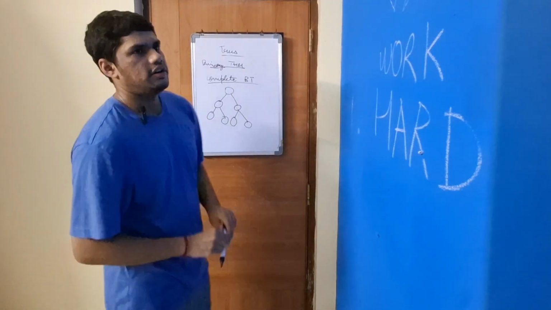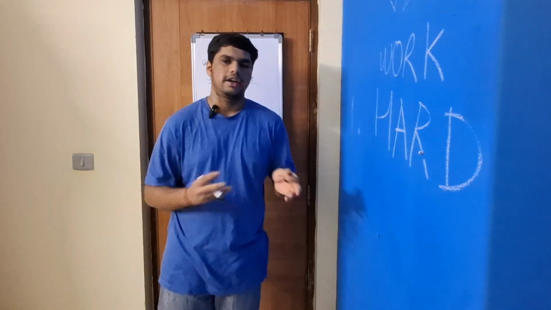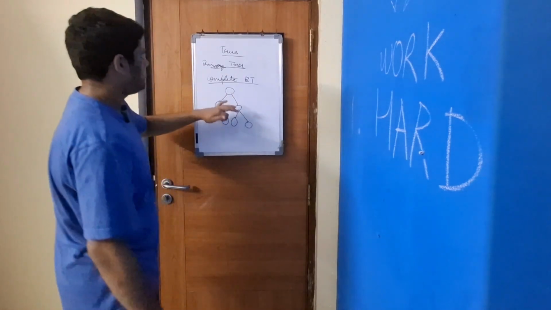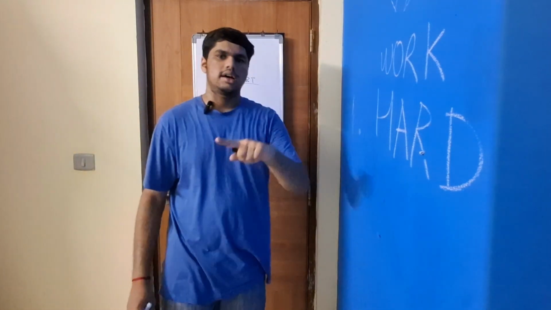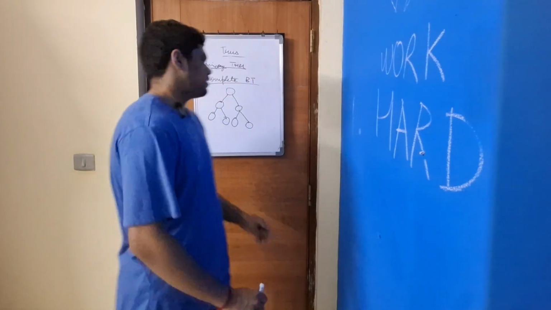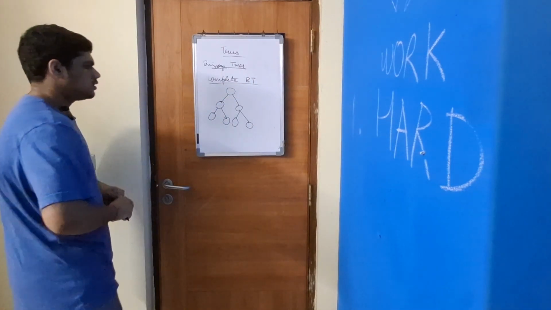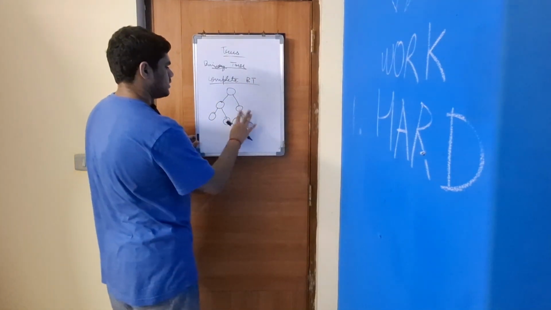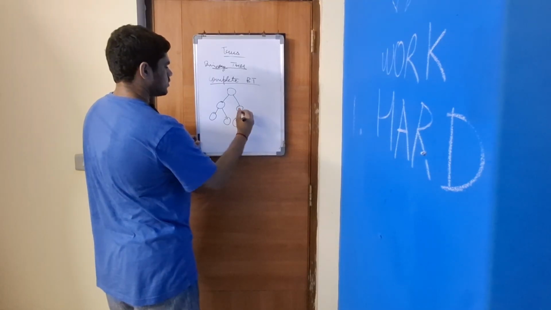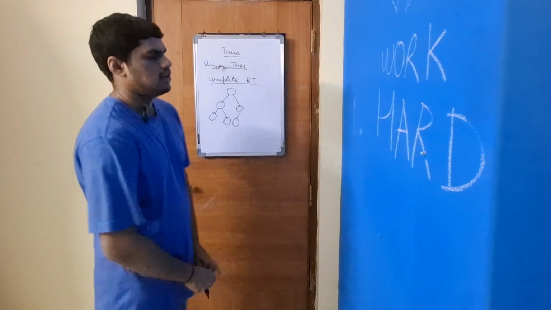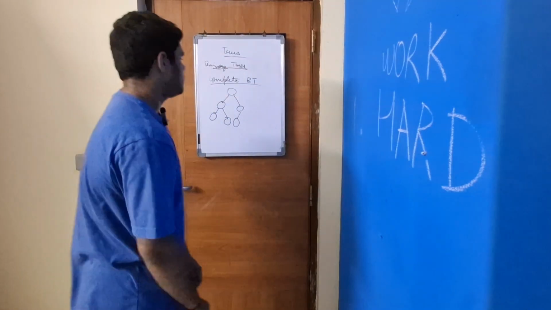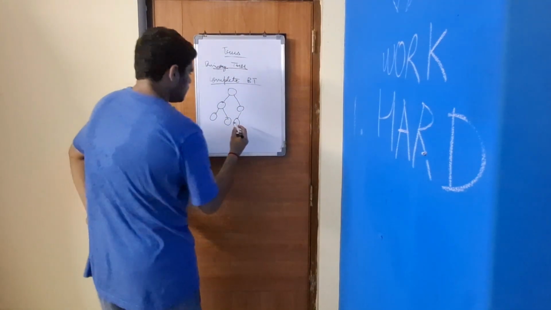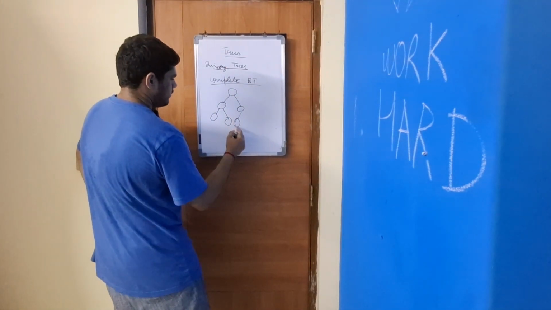Yeah, it can divide into two children at max. So the levels should be complete except the last level, where in this case it's complete, but it could have been something like this. The last level could be incomplete, but you have to keep one thing in mind, which is it should be as left as possible.